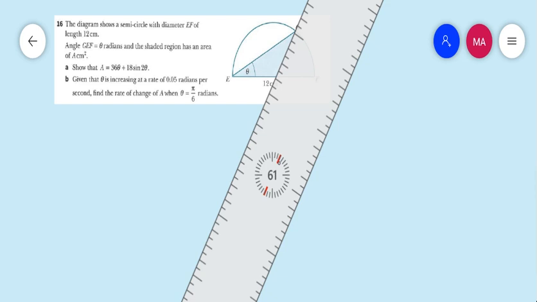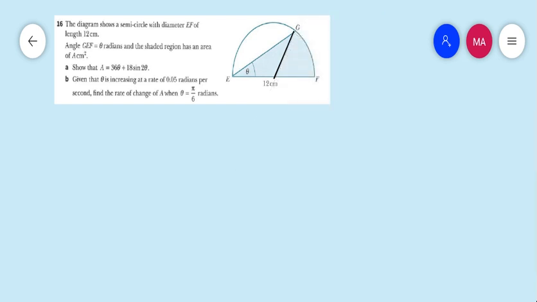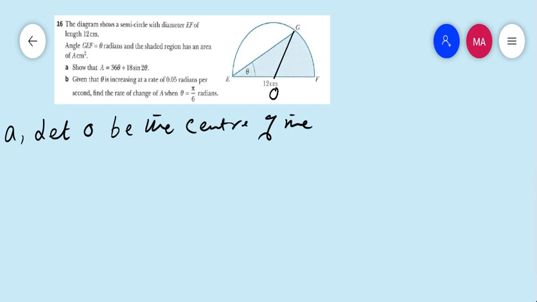Student, if I draw a line like this, and if I assign O as the center of the circle, let O be the center of the circle.